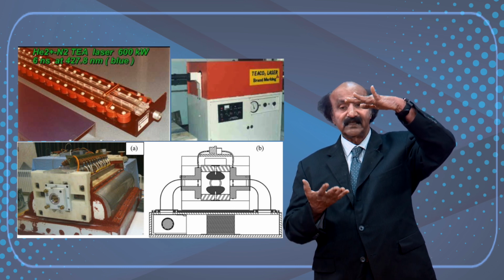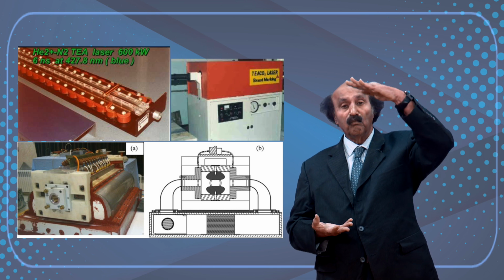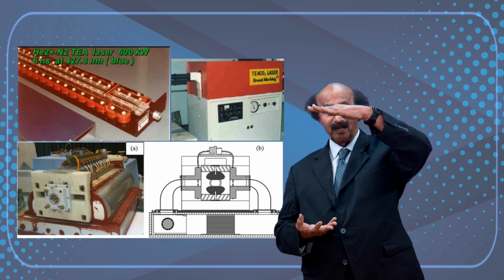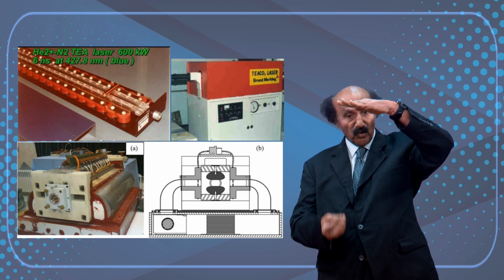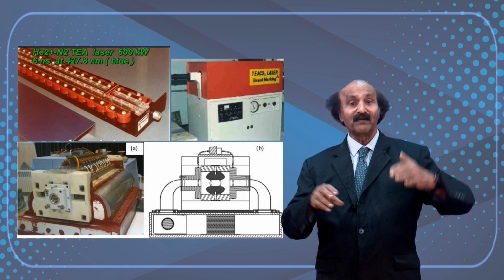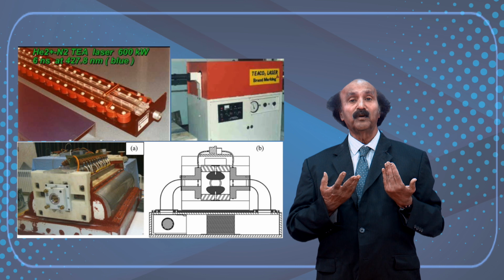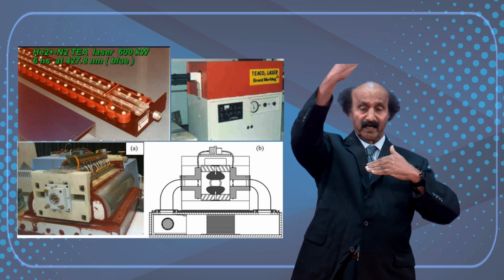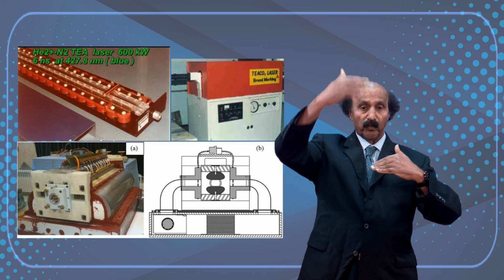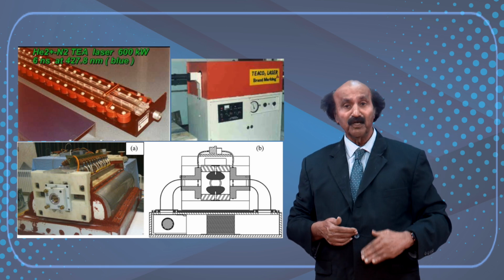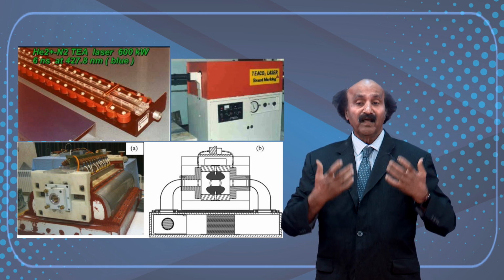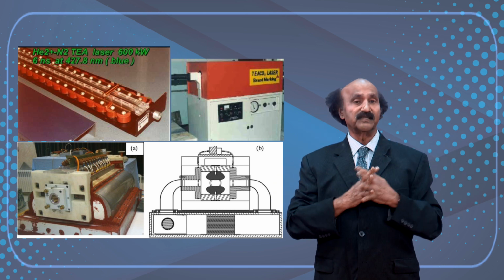That means the CO2 molecules, most of them will be in the higher energy level, and some of them will be in the lower energy level. In this case, if you produce 2 mirrors here and there, you can start with spontaneous emission, stimulated emission. You will get a very high laser in this process.